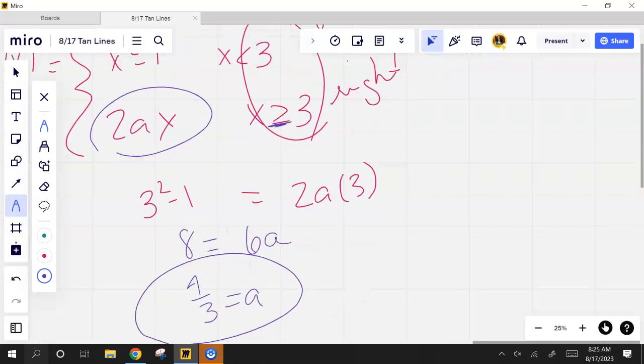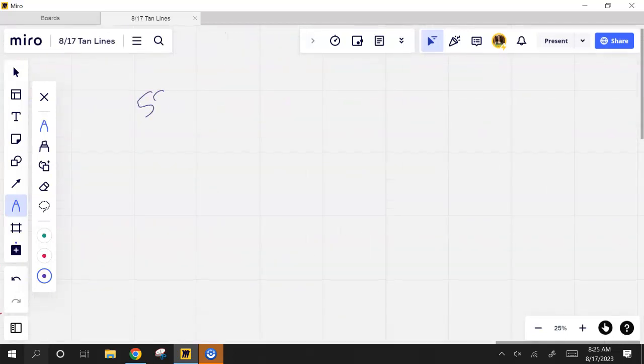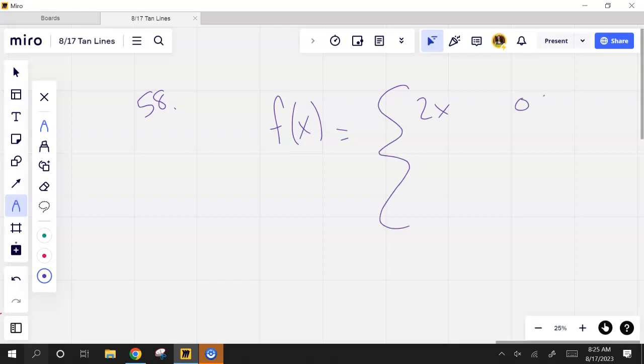Okay. 58. Which of the following statements about the function is not true? All right.